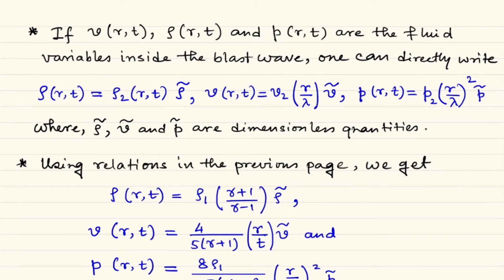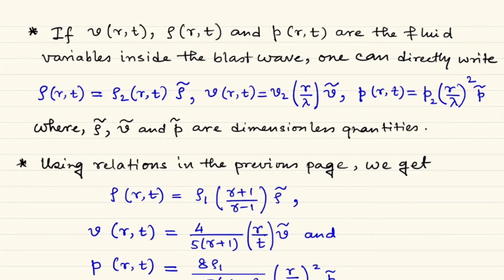This is a famous trick of writing self-similar solutions. For p we write p2 times (r by lambda) whole squared times p tilde. So p tilde basically is constructed by p by p2 and then (lambda by r) whole squared.